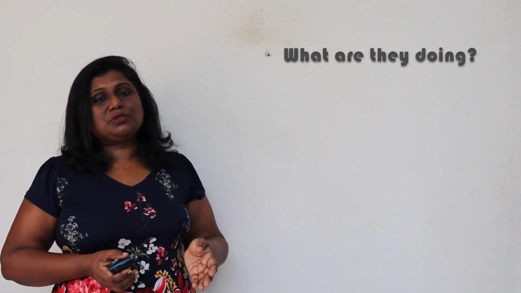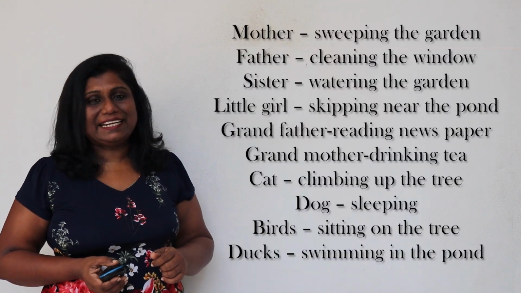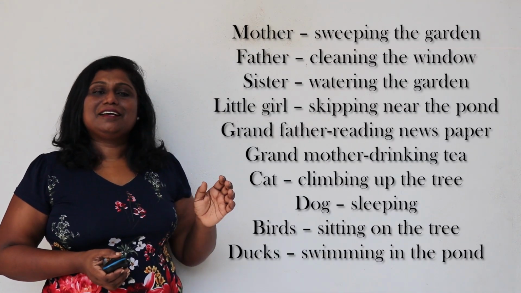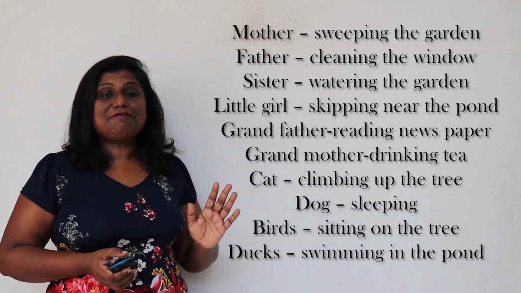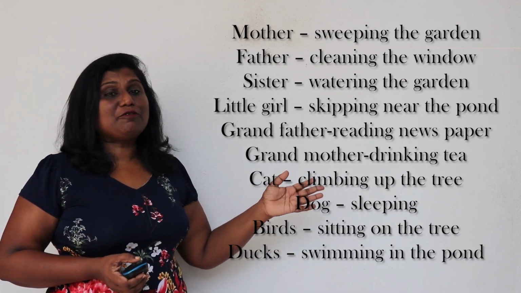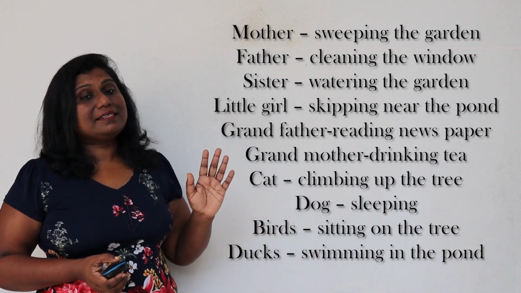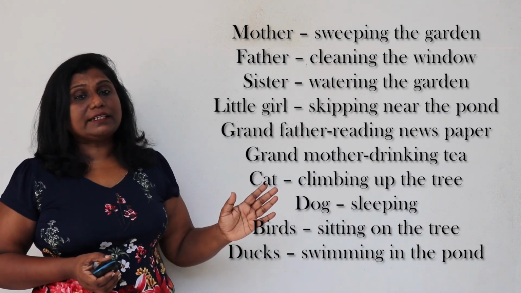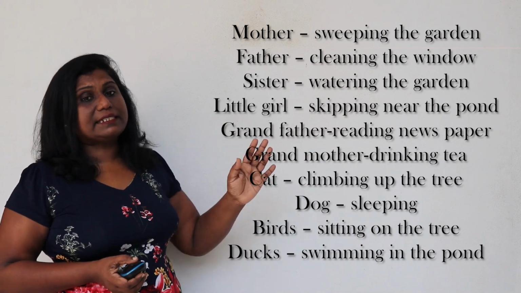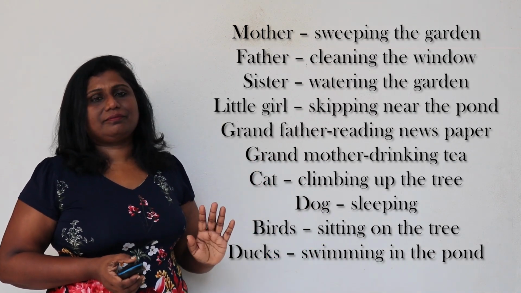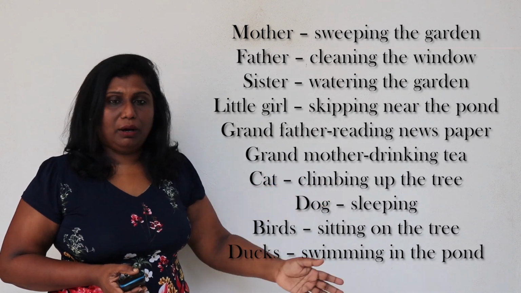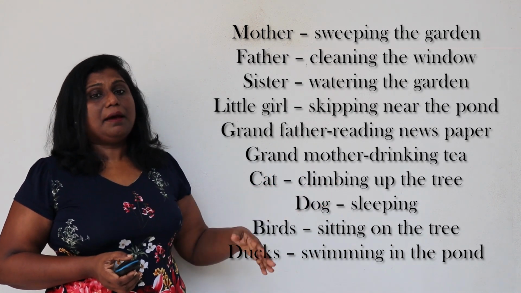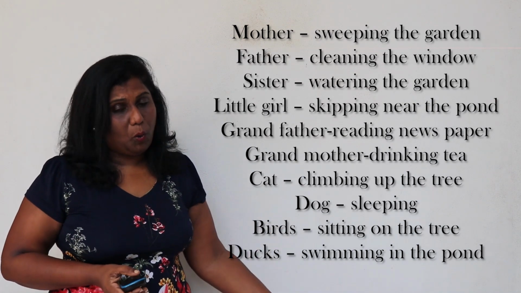Now it's time to see whether you have done the work correctly. First one, mother sweeping the garden. Father cleaning the window. Sister watering the plants, or is watering the garden. Little girl skipping near the pond, or is playing with the skipping rope.